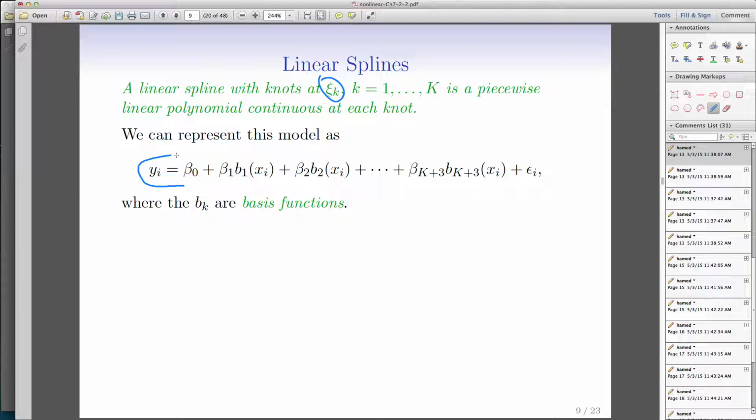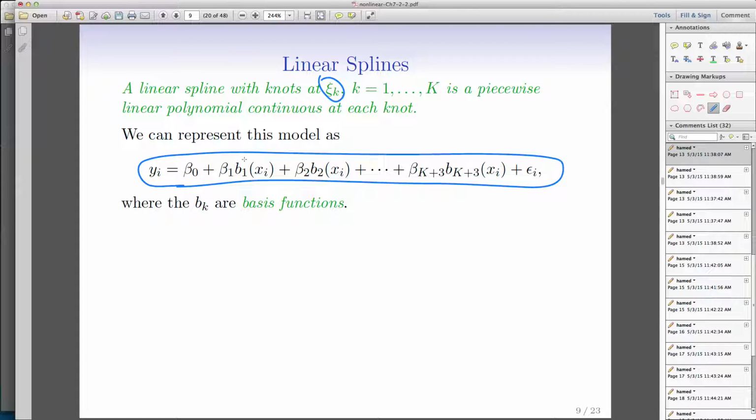Then you write your spline this way. You have some base functions, which are the base functions of beta 1. These are base functions, and some coefficients, and these are betas. So base functions are fixed. These coefficients are going to be estimated. So based on the number of coefficients, betas, that need to be estimated, your spline will have that many degrees of freedom, or that much flexibility.